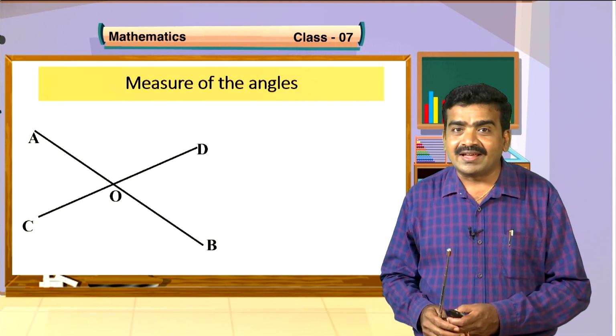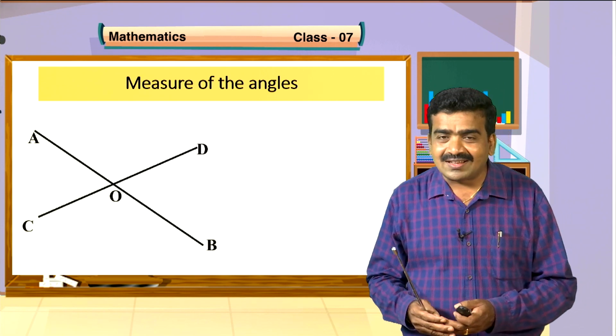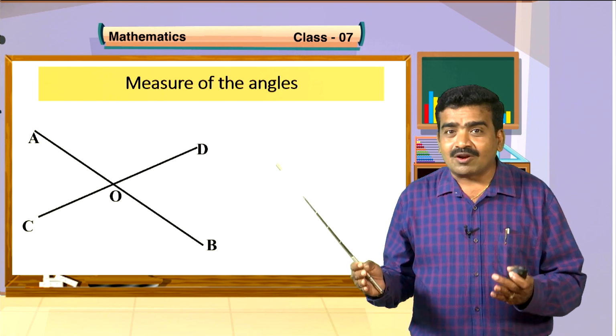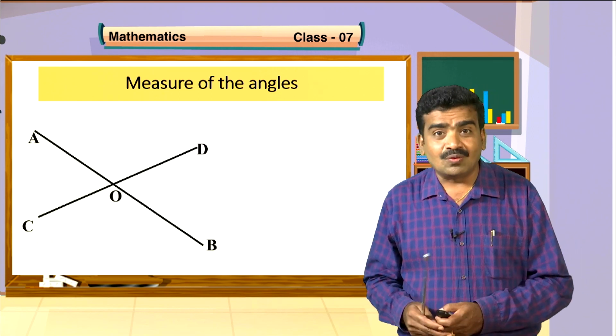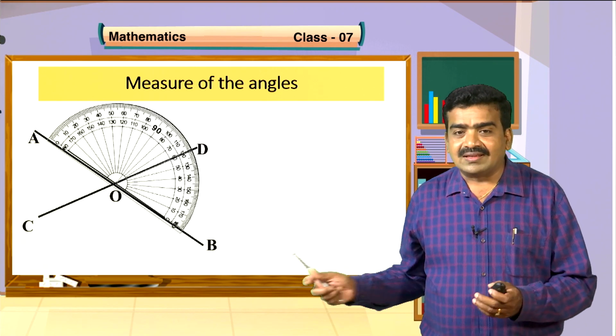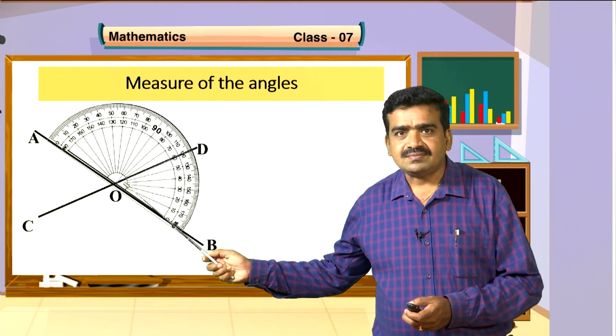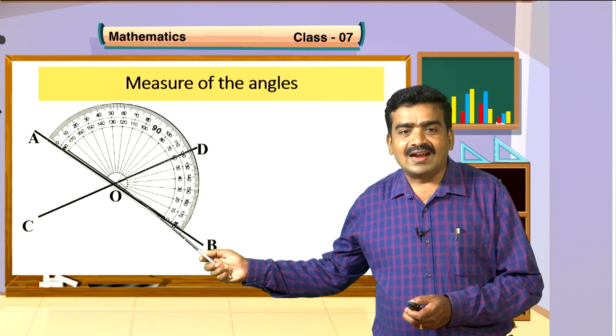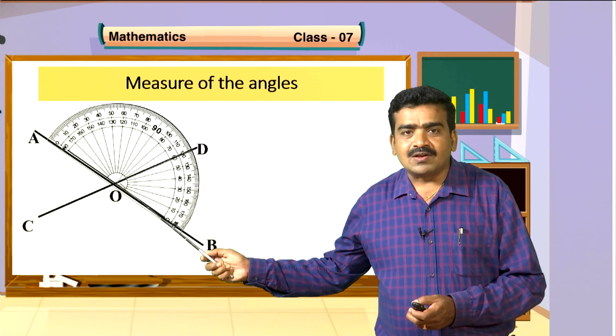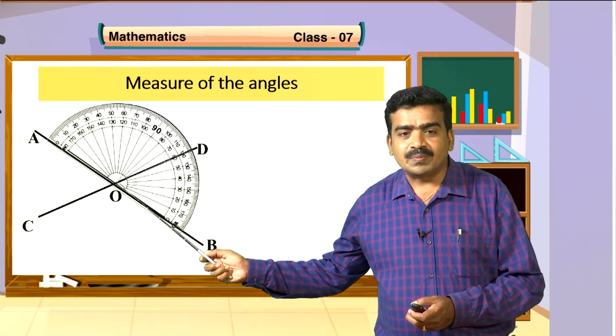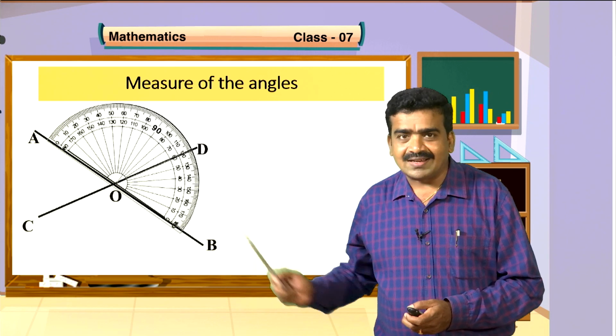What we have to do here? We have to take the protractor and we have to keep the protractor at vertex O. Then, like this, we have to keep the protractor at the angle to measure the angle, and this perpendicular line with the base should coincide with the vertex.